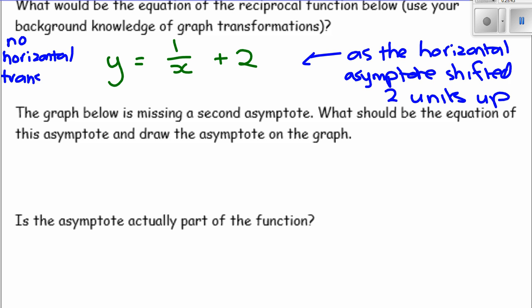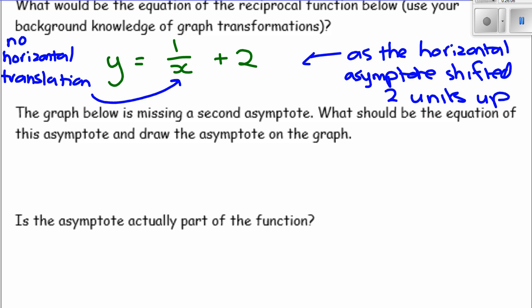That's why it's still just over x. If it had moved sideways, then you would have x plus something or x minus something in the denominator. The constant gives a vertical shift, and the x being added or subtracted down there gives the horizontal shift. So there's no horizontal translation.